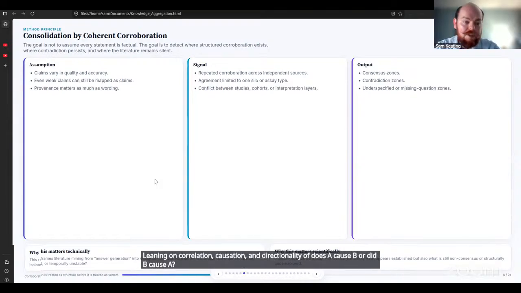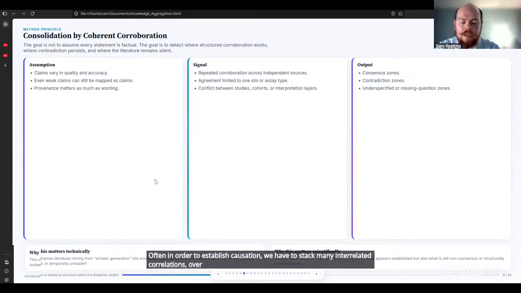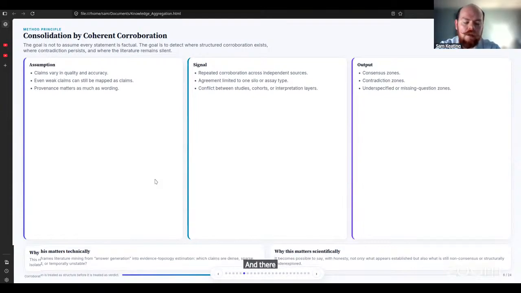You might have a stronger connection than just one correlation alone. Often, in order to establish causation, we have to stack many interrelated correlations, overlapped nodes, overlapped connections. And there's a factual, true, and often mechanistic connection in that train of thought.